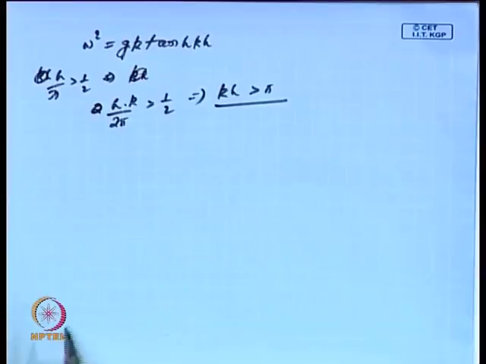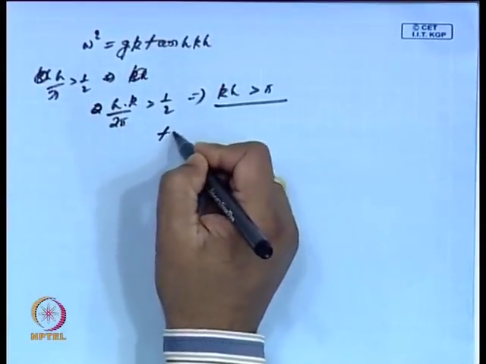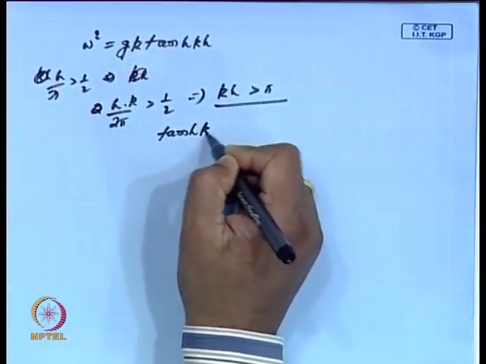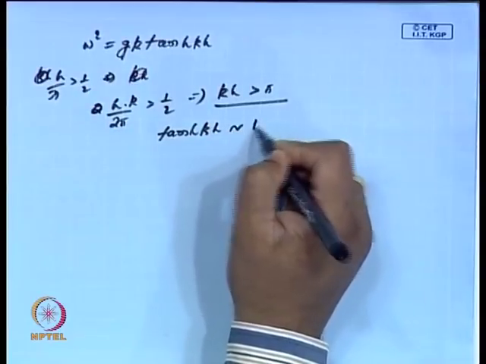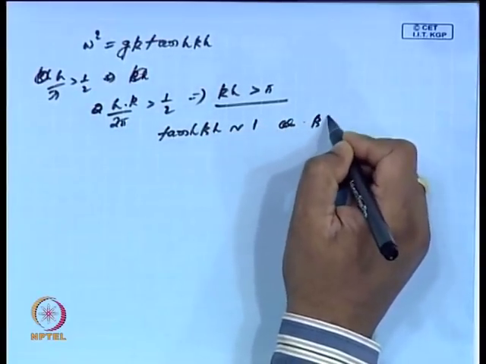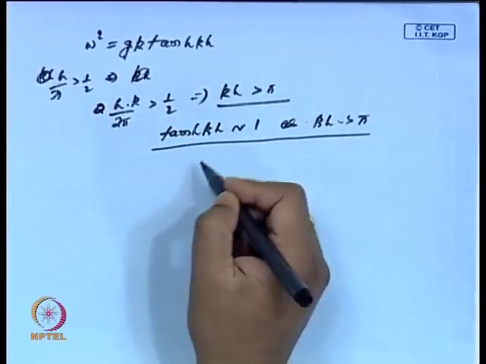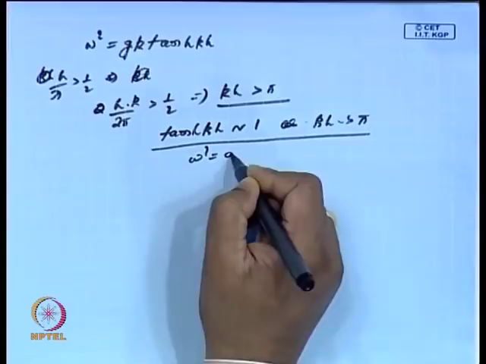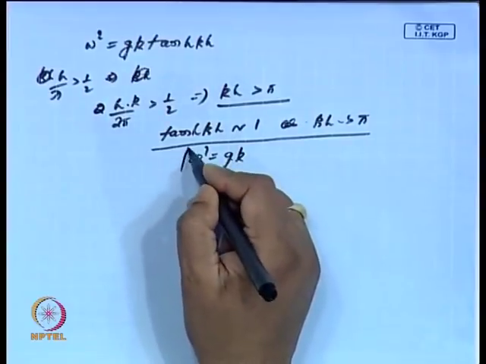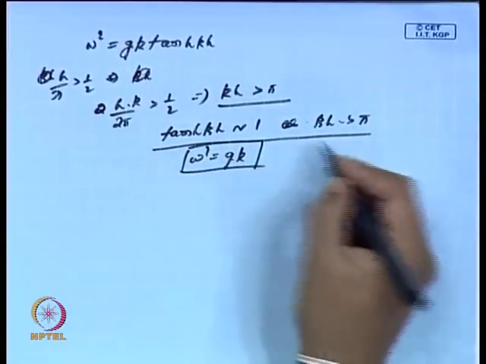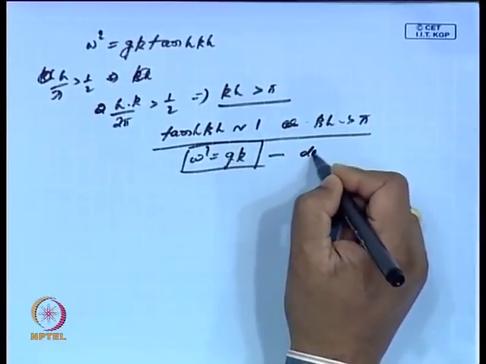If kh is greater than pi, one can see that tanh kh tends to 1. Then omega square becomes gk, and this is the case of deep water waves.